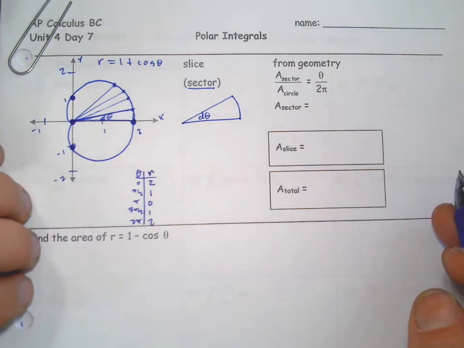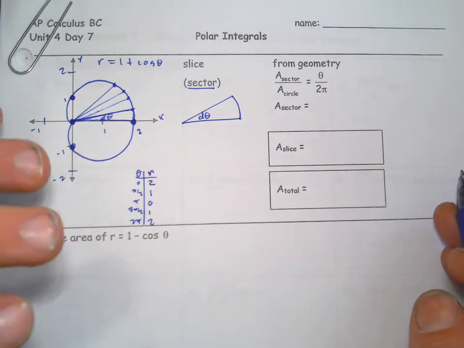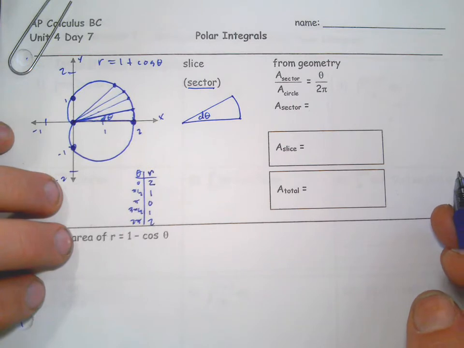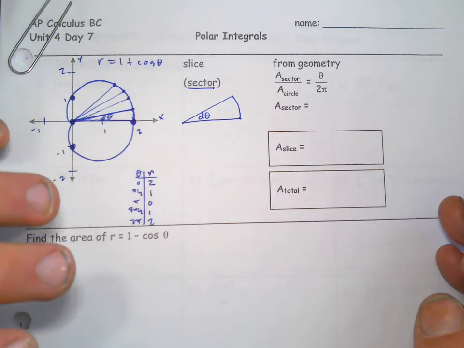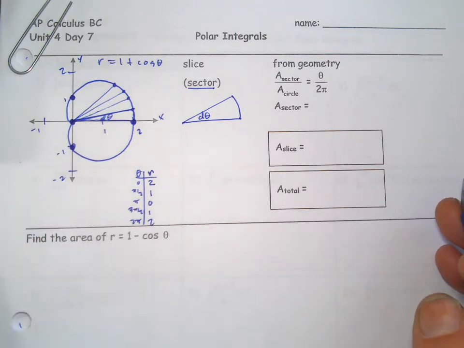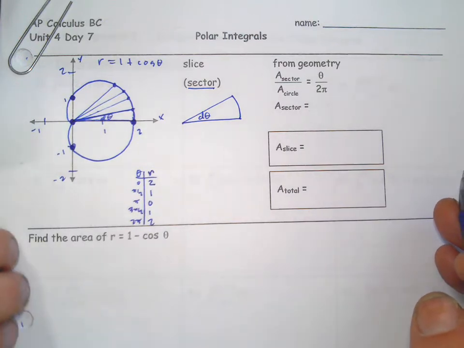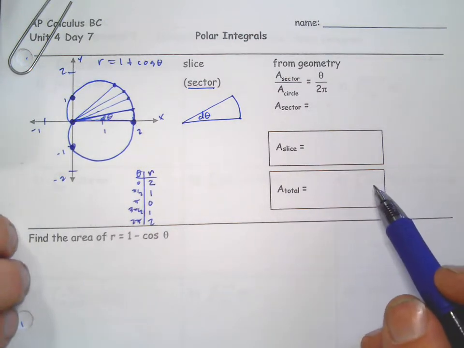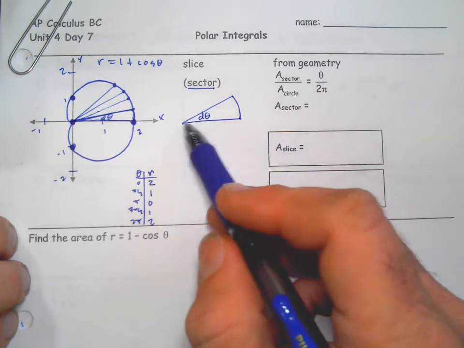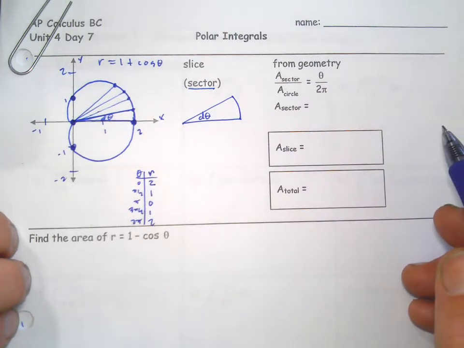Kind of like when we sliced Cartesian graphs, rectangular, with vertical slices, horizontal slices. We said, let's use thin rectangles. And even though technically it didn't fit perfectly, it was close enough. If we made them smaller and smaller, the error got less and less. So in this case, instead of using rectangles, let's use a triangular sector, a piece of pie.